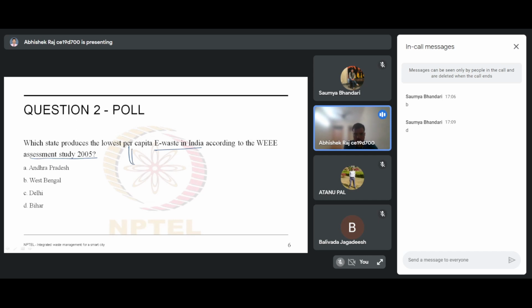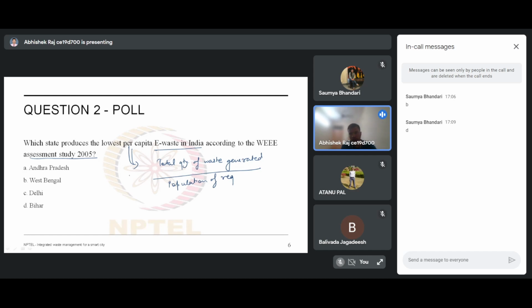So what is per capita e-waste? It is the total quantity of waste that is generated divided by the population of the region, whatever region we are considering.